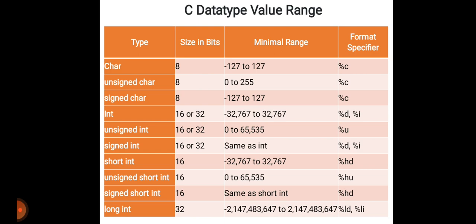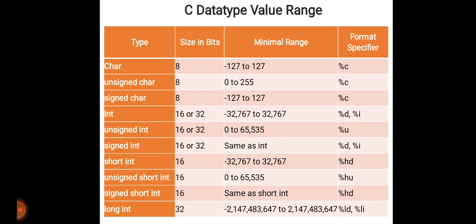The next one is unsigned character. If you are using unsigned character, then the size is 8 bits. Then the range is 0 to 255. Every unsigned data type has a range that always starts from 0, and the format specifier is %c, means if you have to print unsigned character, you have to use %c.